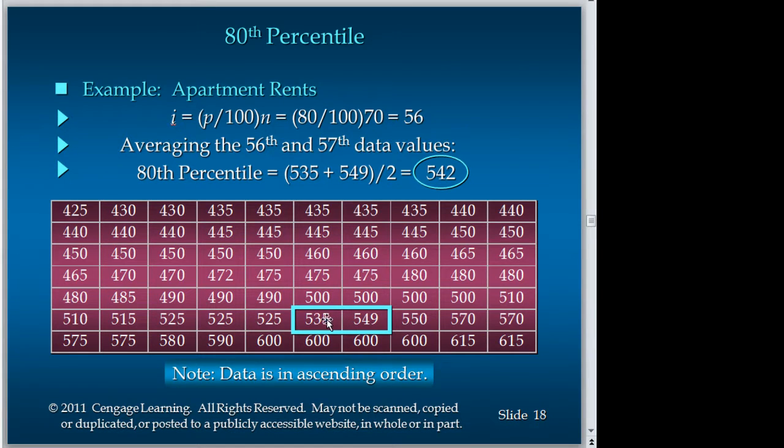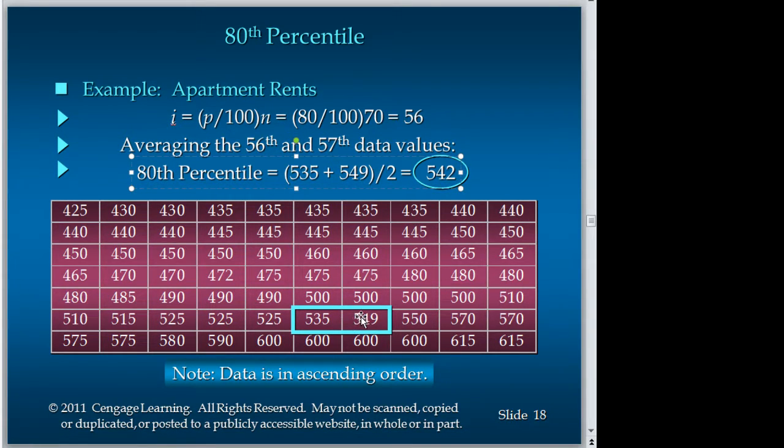So not only do you take the 56th data, you also take the 57th data, which is right next to this one. You take these two values and take the average of it, which means just add them, divide by 2, and it becomes 542.